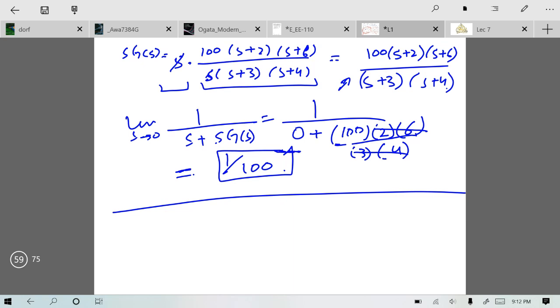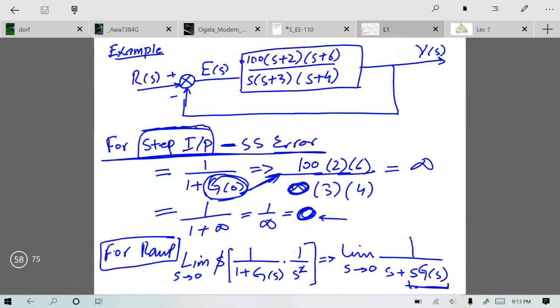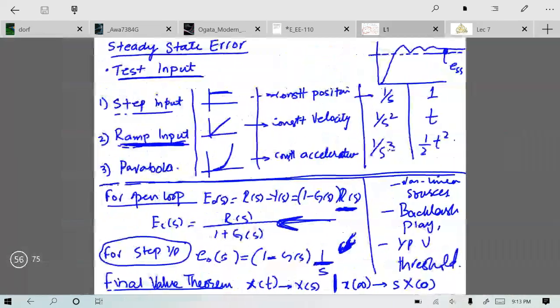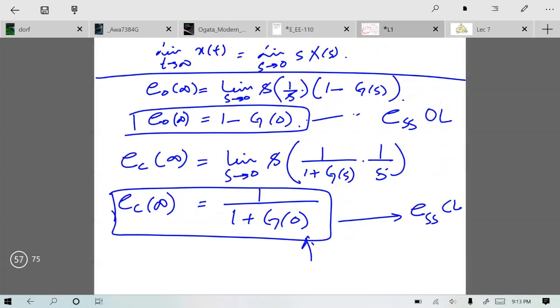So from here we can conclude that the application of the correct test input is essential and very necessary in order to find the steady state error or to calculate the performance of a system. I will conclude this steady state error topic on this remark.